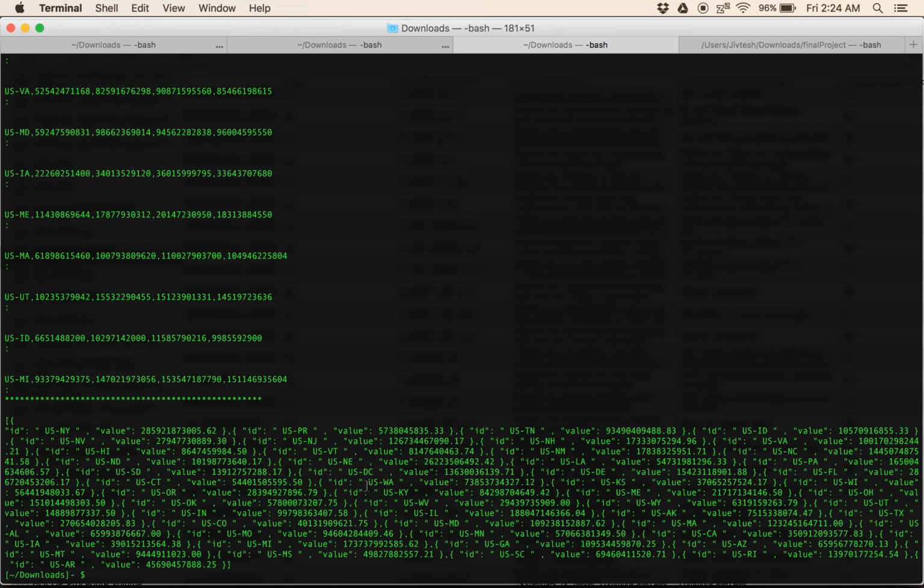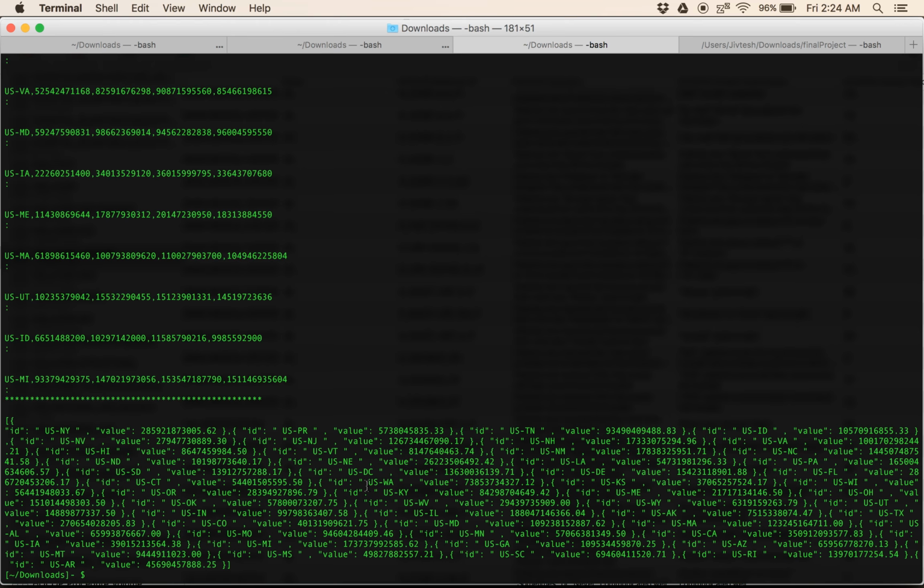So as we can see, our script ran, and this is the data for the net average spending per claim for each US state. Over here is the number of cases that came to these hospitals per state, and this is a multiplication of these two, so it's the total Medicare spending by each state.